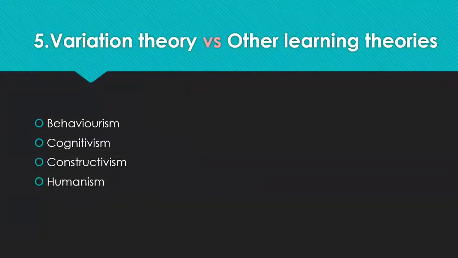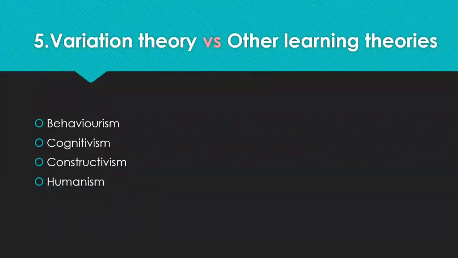Variation theory analyzes the object of learning as several critical aspects, and how each critical aspect is experienced by the learner. So variation theory is more like an object-of-learning-centered learning theory, while cognitivism and constructivism are like learner-centered learning theories.